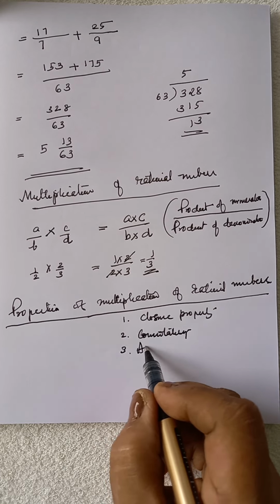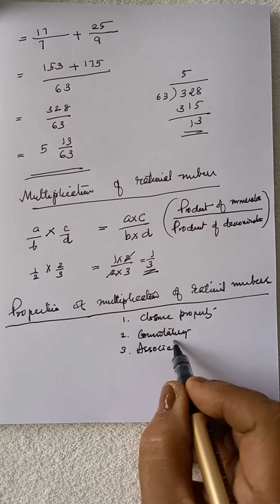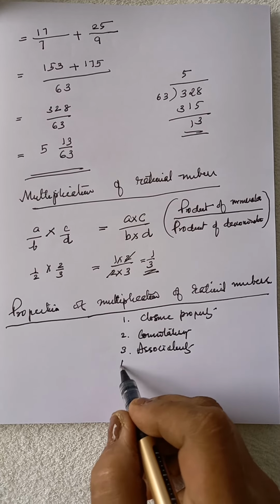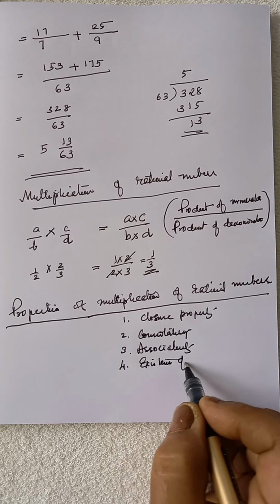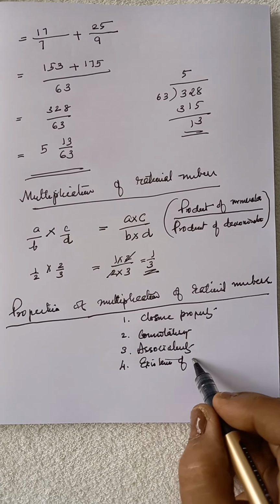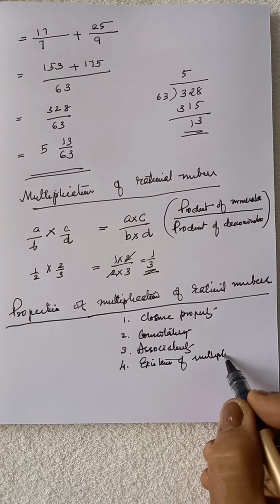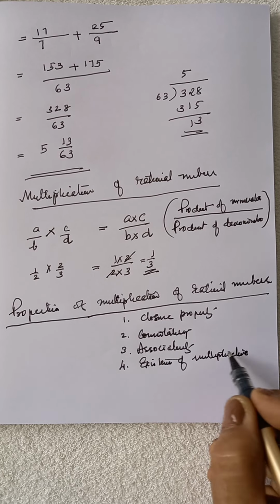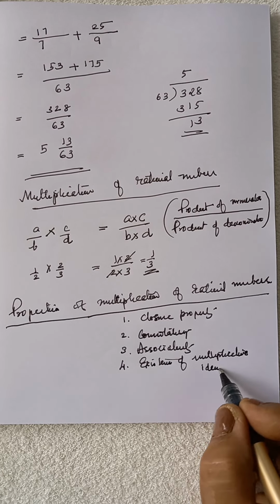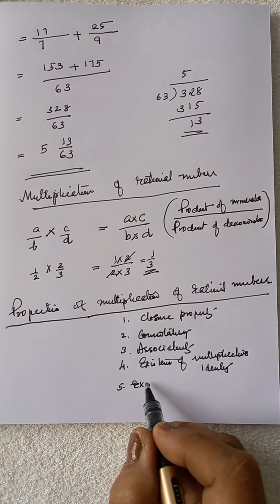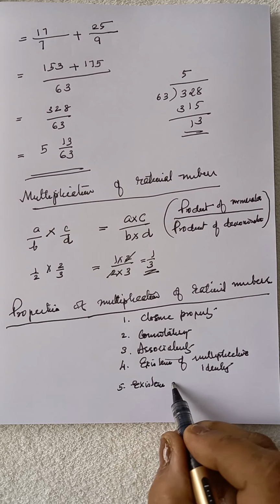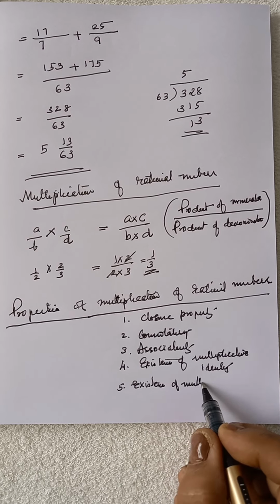Third one is associativity. Fourth one is existence of multiplicative identity. Then fifth one is existence of multiplicative inverse.